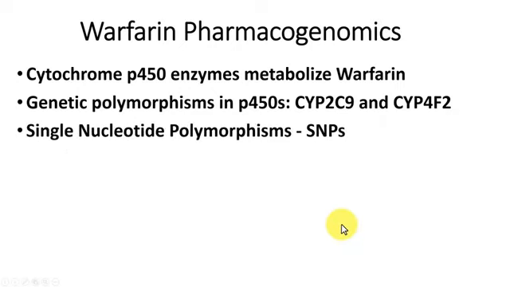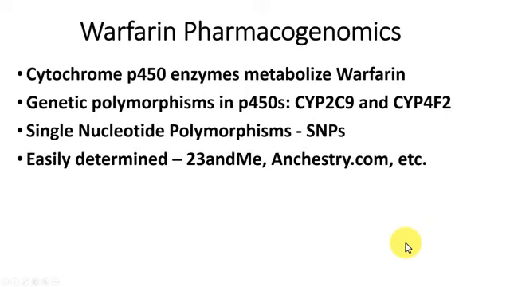And there are single nucleotide polymorphisms, called SNPs, in those cytochromes. Those result in a single DNA base change that results in a single amino acid change, but that can make the cytochrome P450 inactive or make it function much more slowly.